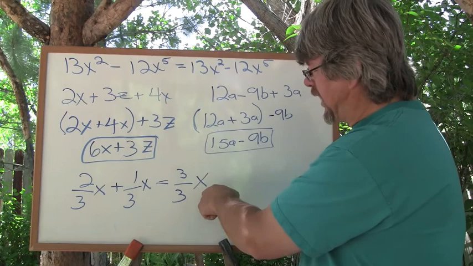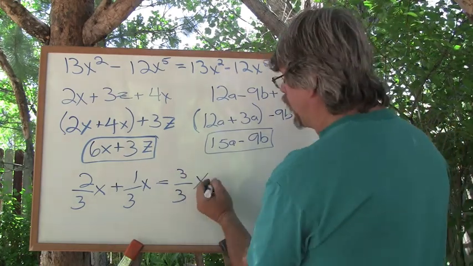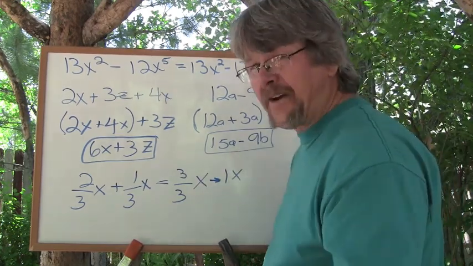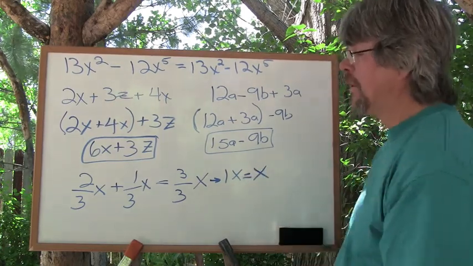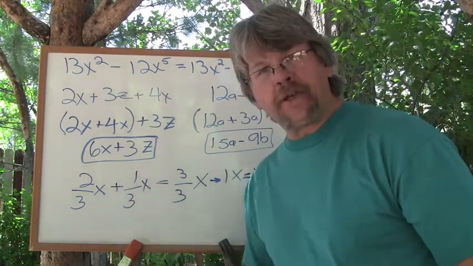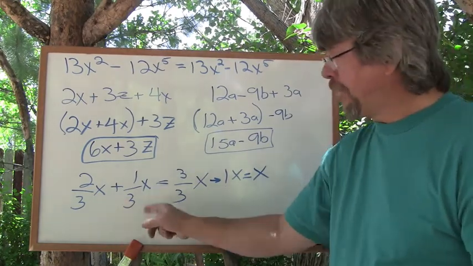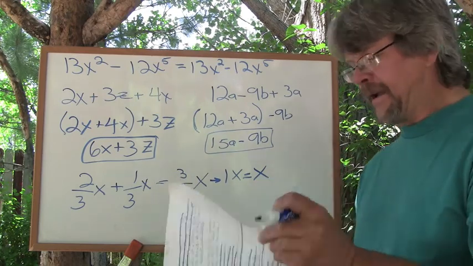We have the variable. Well, everybody knows that 3/3 is simply 1. So this is 1x. We don't have to write the 1, so this is simply x. 2/3 x and 1/3 x is simply x because they were the like terms. That's how that works. Kind of nice.